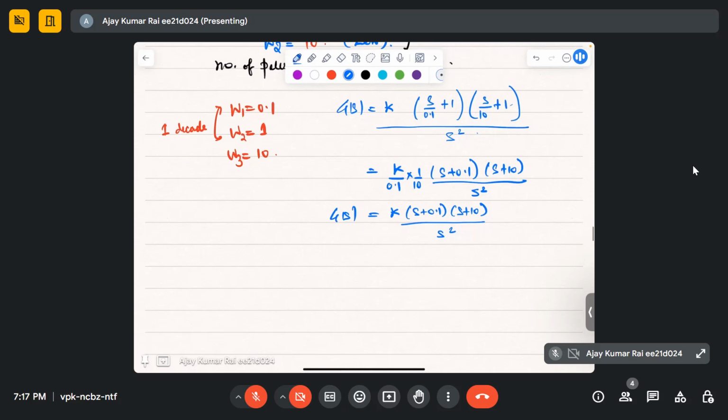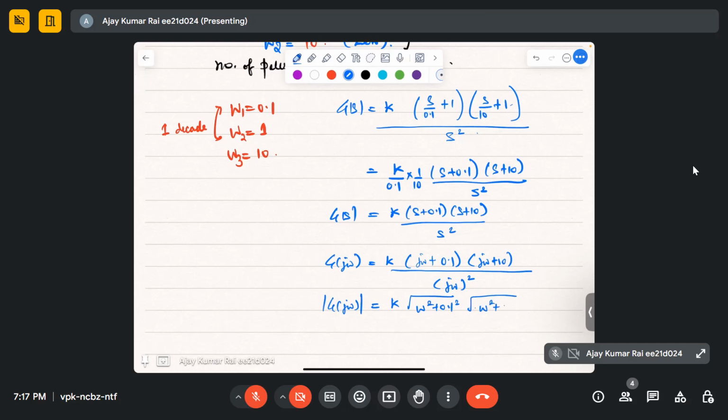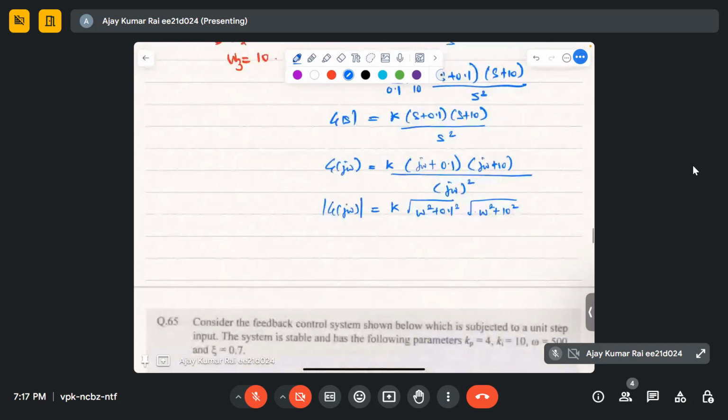Now if I find the sinusoidal transfer function and then find the magnitude, which will be j omega plus 0.1 and so on, the magnitude is equal to this. Okay, this we know.